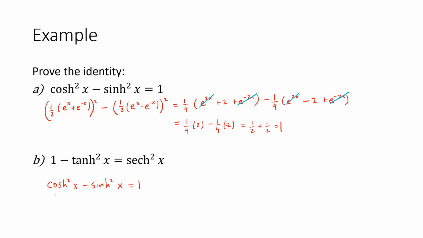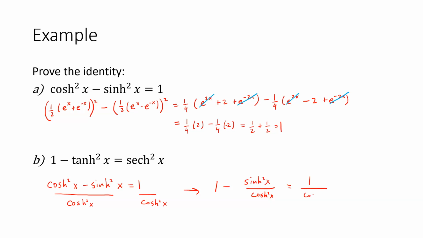If I divide each of these two sides by hyperbolic cosine squared, then on the left side, cosine squared divided by cosine squared will be 1, minus hyperbolic sine squared divided by hyperbolic cosine squared, well, that's going to be hyperbolic tangent squared.